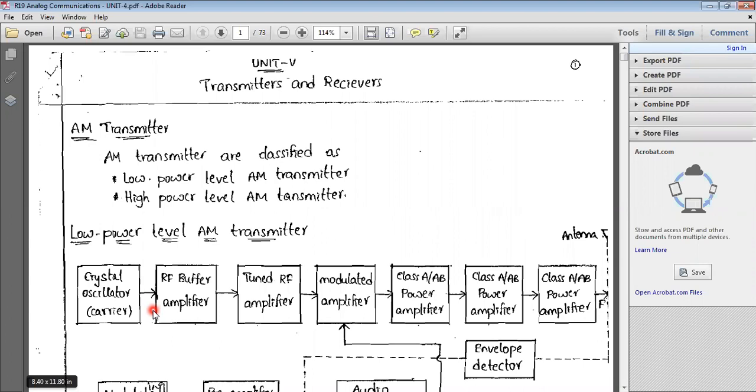This unit entirely has block diagrams and explanation only. There is no mathematical analysis, no derivation part. You just have the internal blocks involved in every type of transmitter, and you discuss the purpose of each block.